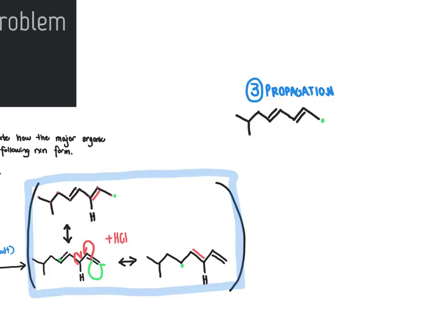I'm going to draw it again, except to make a second resonance structure. I'm going to be moving the pi bonds and moving the unpaired electrons. So I'm drawing my second resonance structure here, just copying the stuff that's already down there so that we can use that within our mechanism at this step 3. So go ahead and do that. And then last but not least, our third resonance structure, we're going to draw out here.